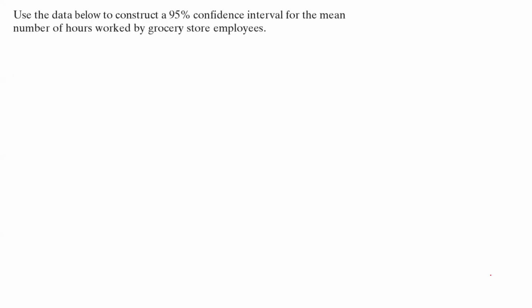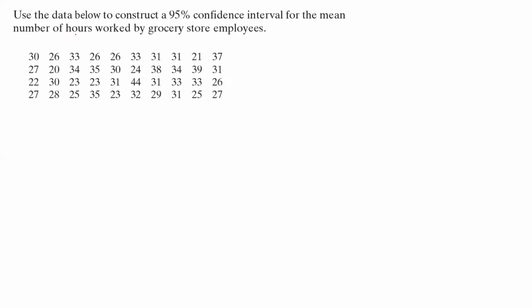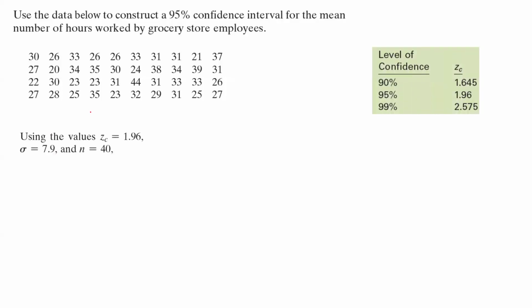So let's go back to that example that we started. Use the data to construct a 95% confidence interval for the mean number of hours worked by grocery store employees. We already calculated the mean. We already know that the population standard deviation is 7.9 hours. We have 40 data in our collection.